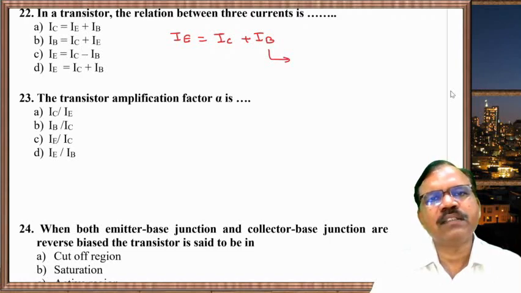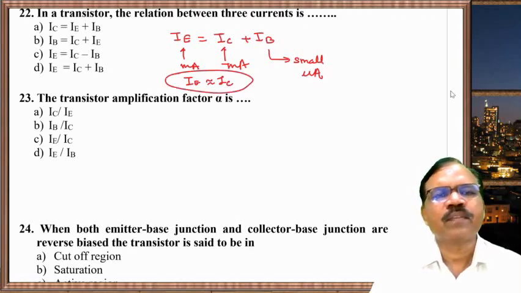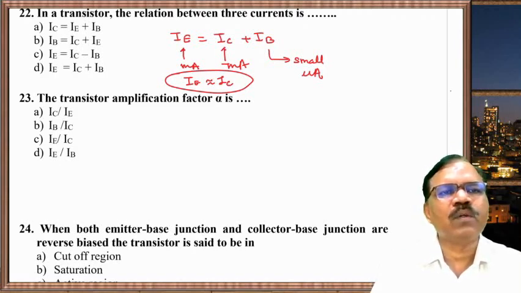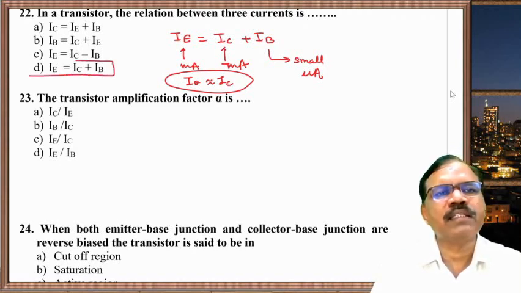Base current is usually very small, maybe in microamperes. IC is in milliamperes, and IE is also in milliamperes. So IE is approximately equal to IC because IB is very small. So IE is equal to IC plus IB, this last option is correct.